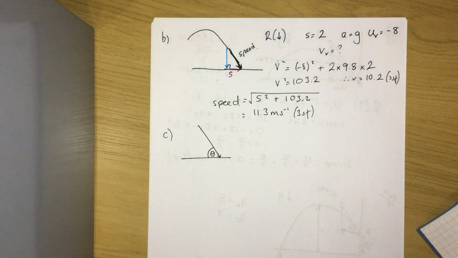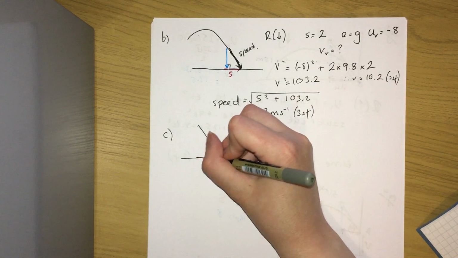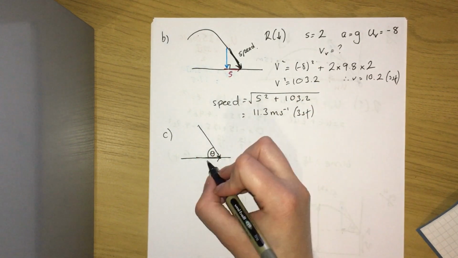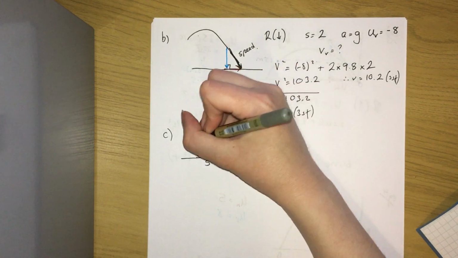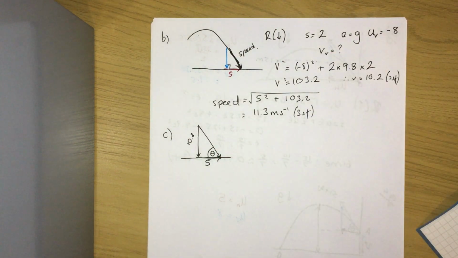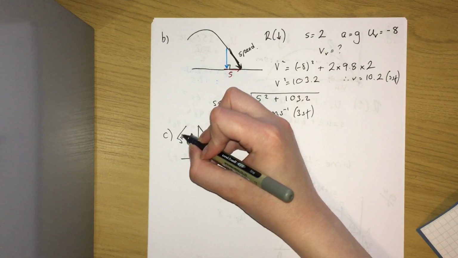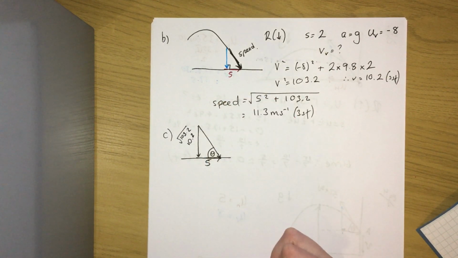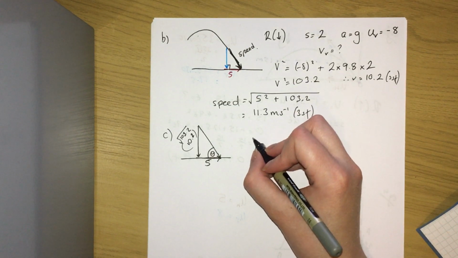It won't necessarily be the same theta, but it doesn't really matter because I'm now defining it for this question. So I know that the horizontal component is 5, the vertical 10.2 rounded, but what I also know is actually more accurately it's the square root of 103.2, because obviously I want my answer to be as accurate as possible.